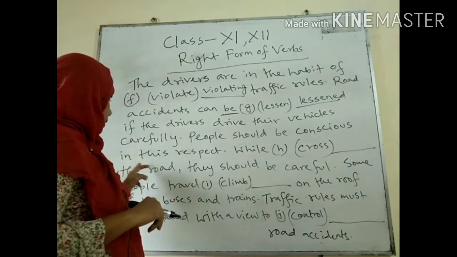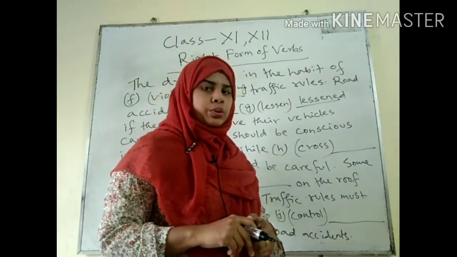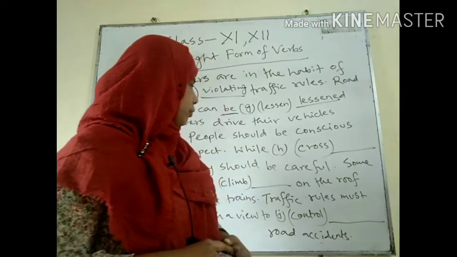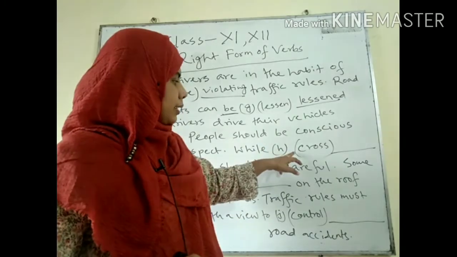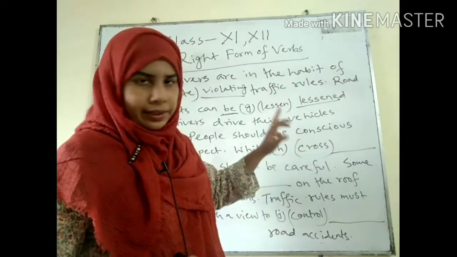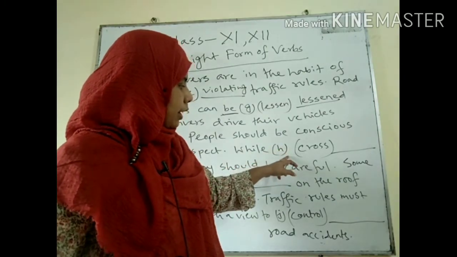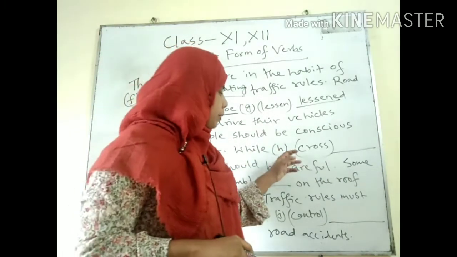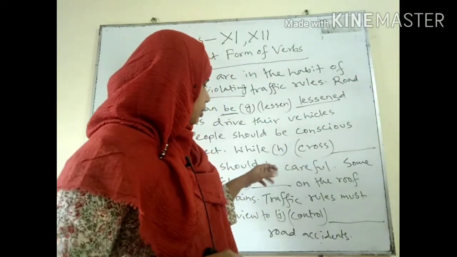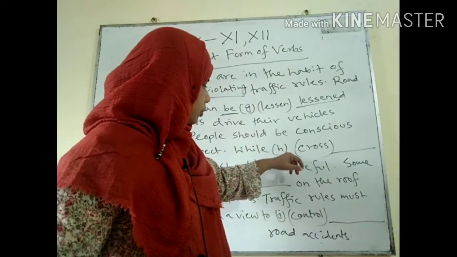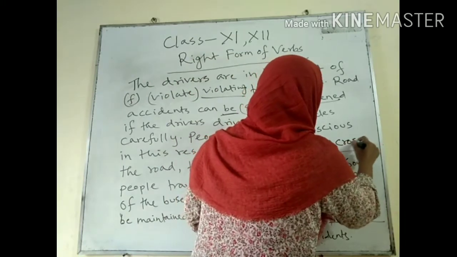People should be conscious in this respect. While, this is also an important rule of right form of verbs. After while, if there is a verb, we can use just ing, and if after while we have a subject, then we make the sentence past continuous tense. Okay. As we don't have any subject here, we will just add ing: crossing.